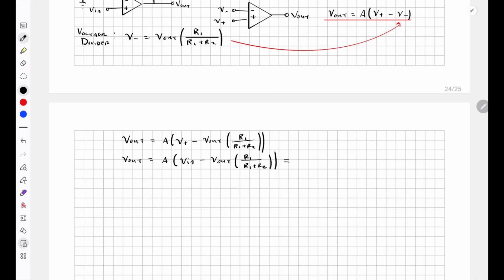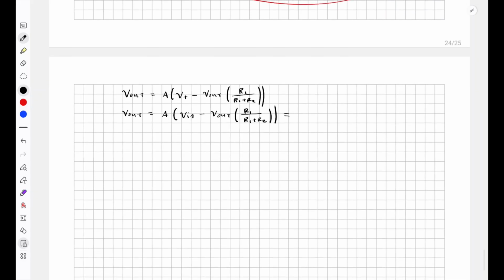Okay, so now let's distribute this A term. That becomes A times V in minus A times V out times R1 divided by R1 plus R2.